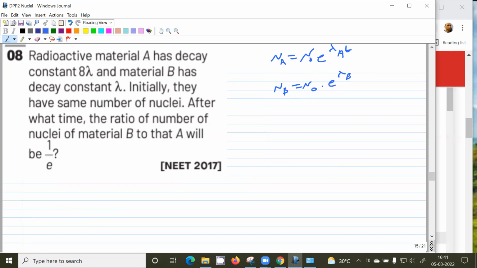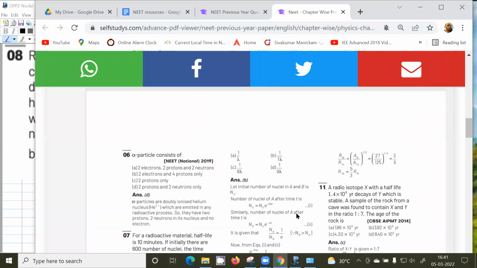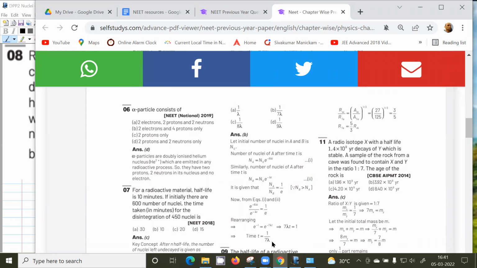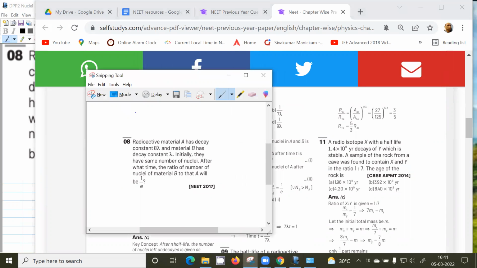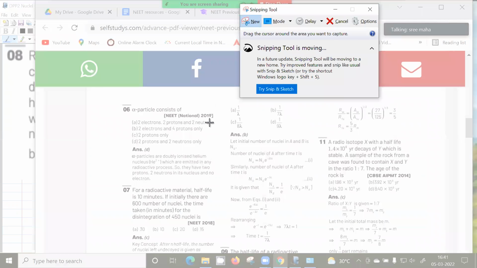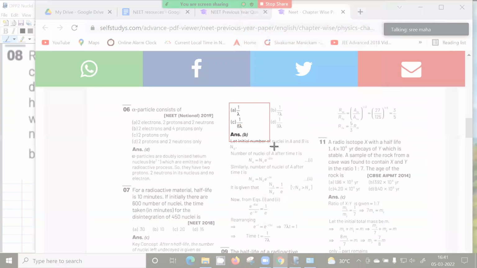B is 1 as lambda. So what is the answer? 1/7 lambda. Yeah, I'm getting minus 1/7 lambda, sir. Lambda is a positive quantity. Time should also be positive.